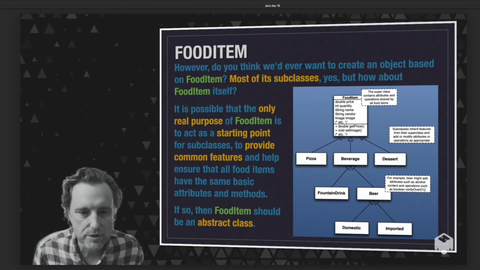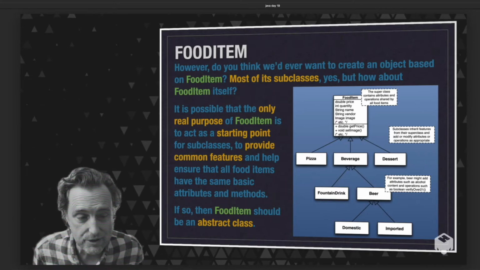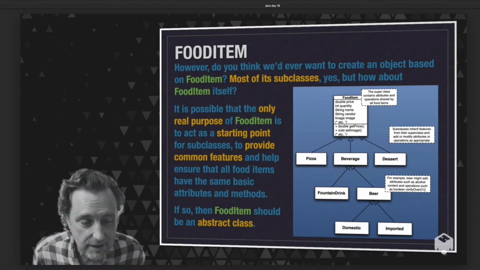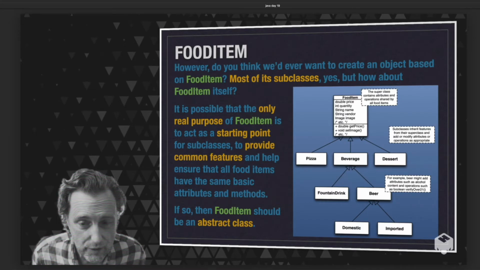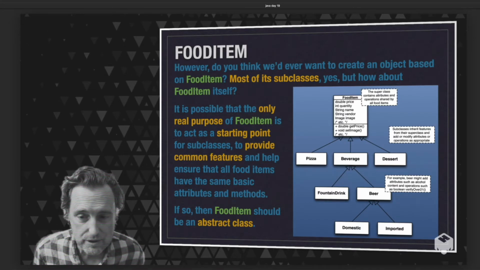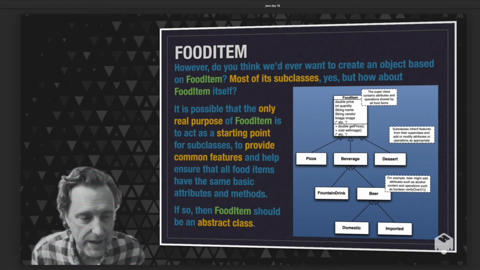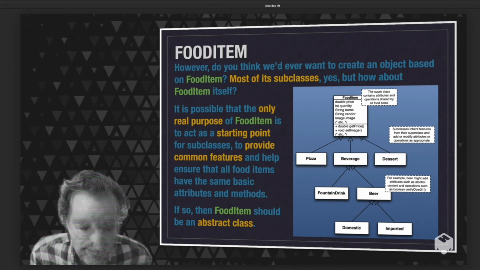We want our code to be super consistent because it makes it easier to read, easier to debug, easier to code, easier to talk about with your teammates, easier to split the work up if everybody doesn't use their own terminology for everything. So that's the purpose of a food item.